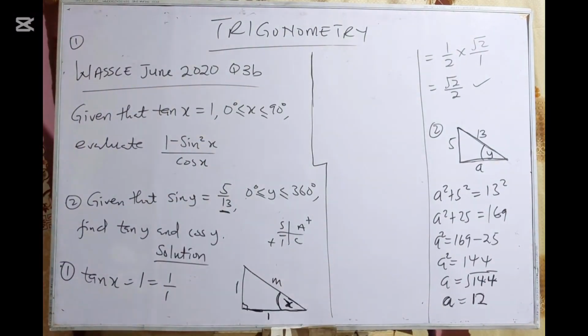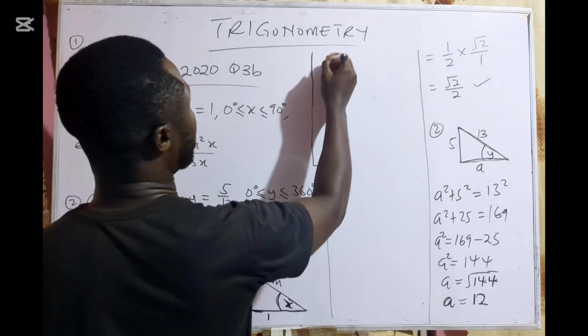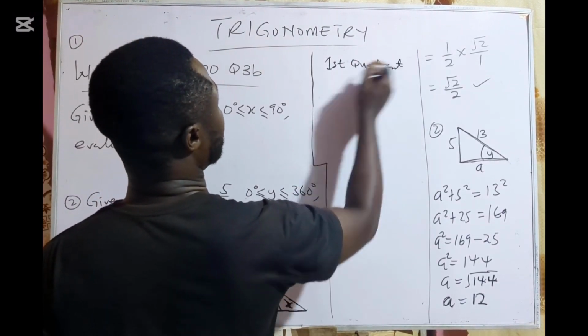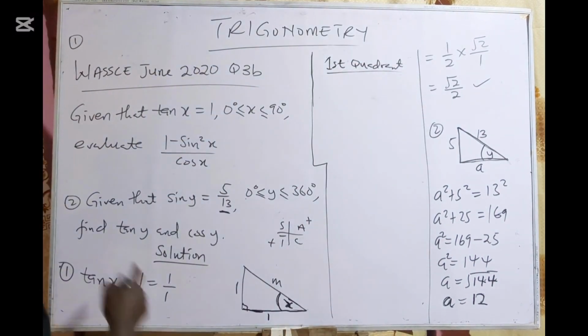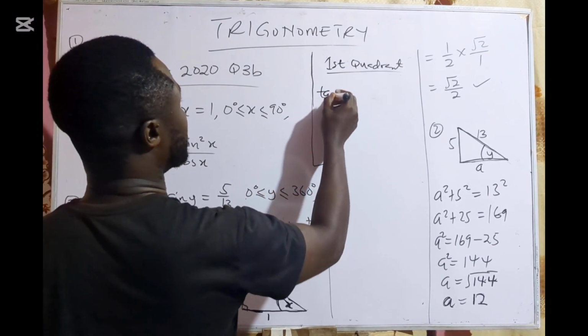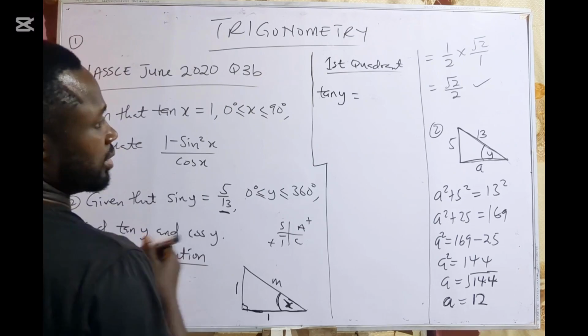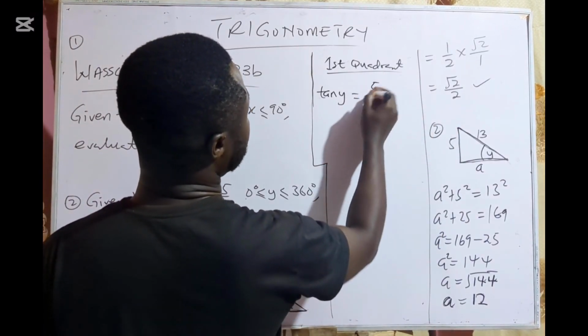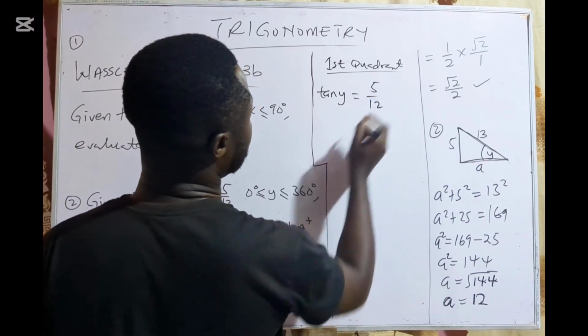So we can say that in the first quadrant, as we know, the tan and the cos are all positive. So my tan y, what is tan? Opposite over adjacent. So opposite is 5, my adjacent is 12.